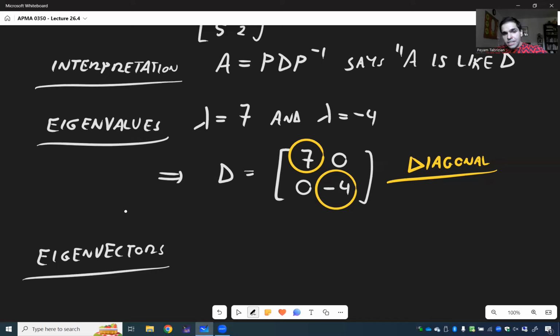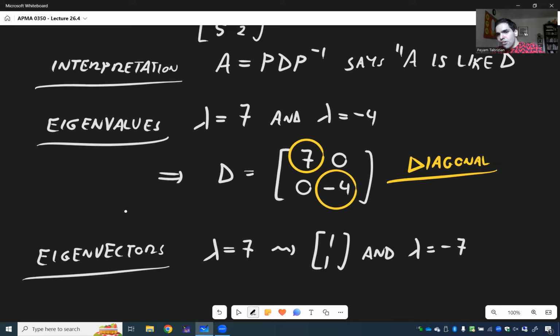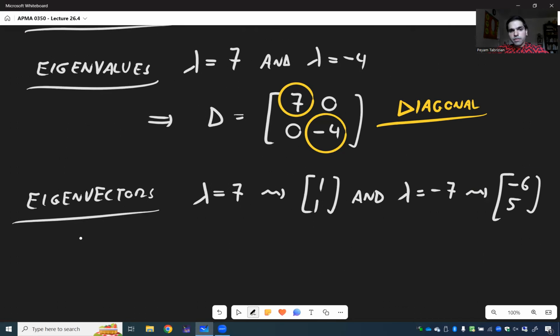Now I would like to remind you, for lambda equals 7, we found the eigenvector 1, 1. And for lambda equals -4, we found -6, 5. And so what is our P? So careful.